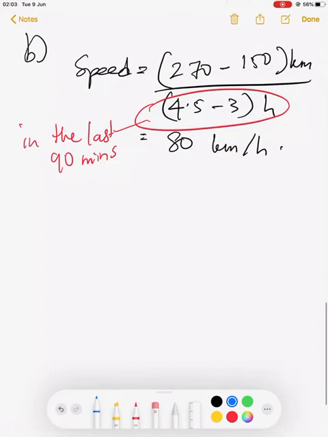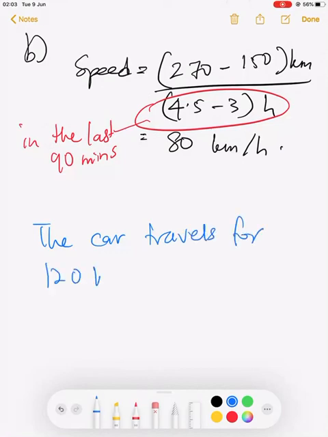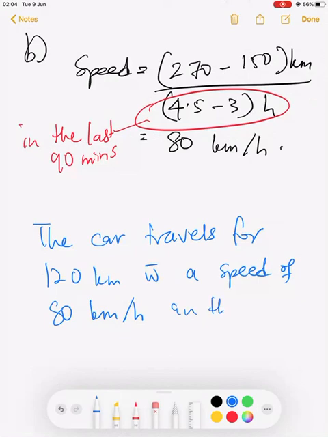You want me to write? The car travels for the distance 120 kilometer with a speed of 80 kilometer per hour in the last 90 minutes.